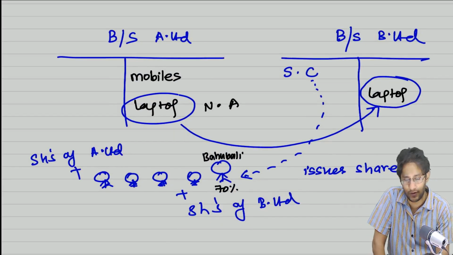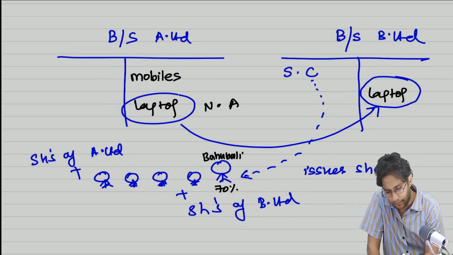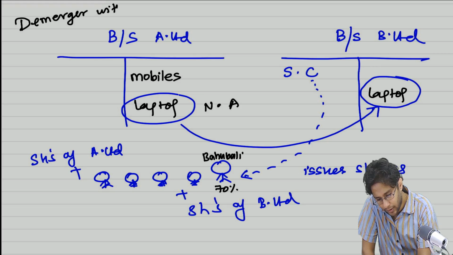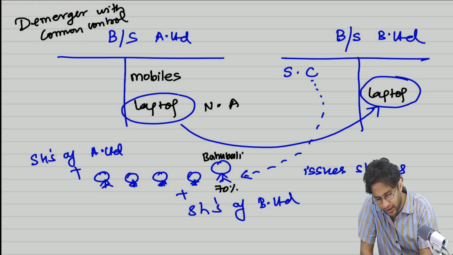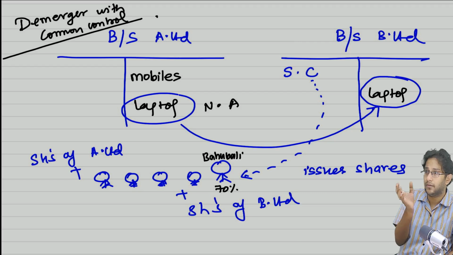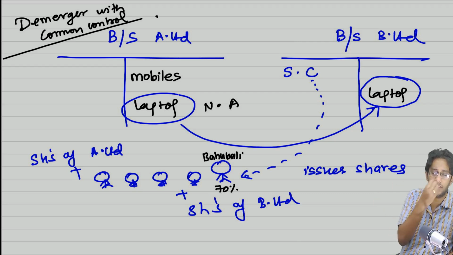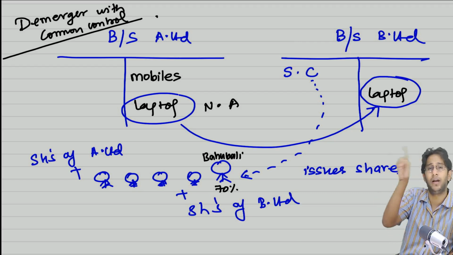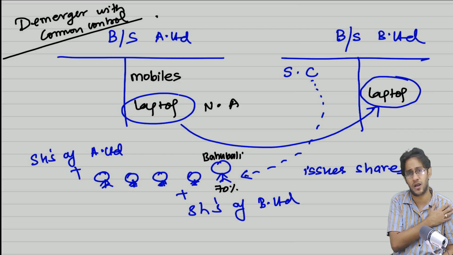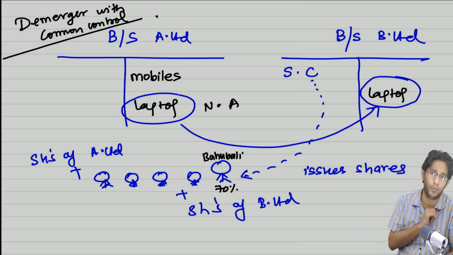But why I have discussed this method is, we have two questions in the study material which are demerger with common control. That means this laptop mobile division kind of sum. In this sum, technically B is taking over a division, but B is not taking over the entire A Limited. If B was taking over the entire A Limited as a common control transaction, I would have adjusted all the reserves of A Limited into B Limited.